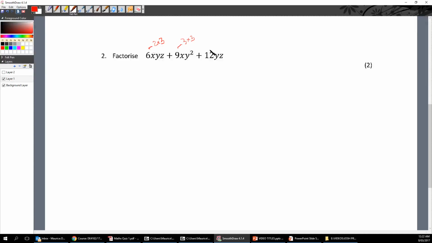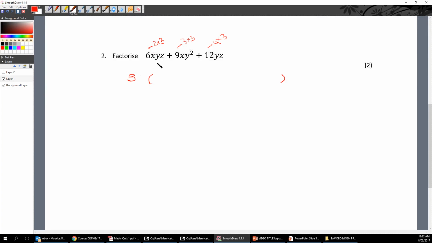And I'm looking here at 12, and that's 4 times 3. Like so. So what I can do is I'm going to put a bracket down here. I'm going to make it a pretty big bracket. And I can see there that of the numbers, 3 is what we call a common factor. 3, 3, 3. So I'm going to put a 3 there.